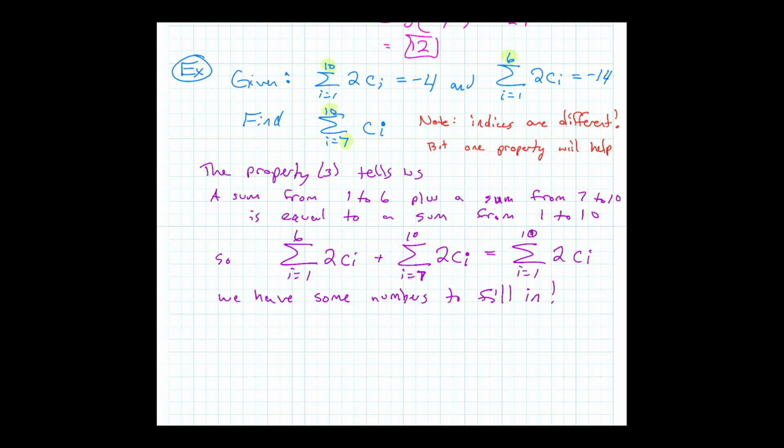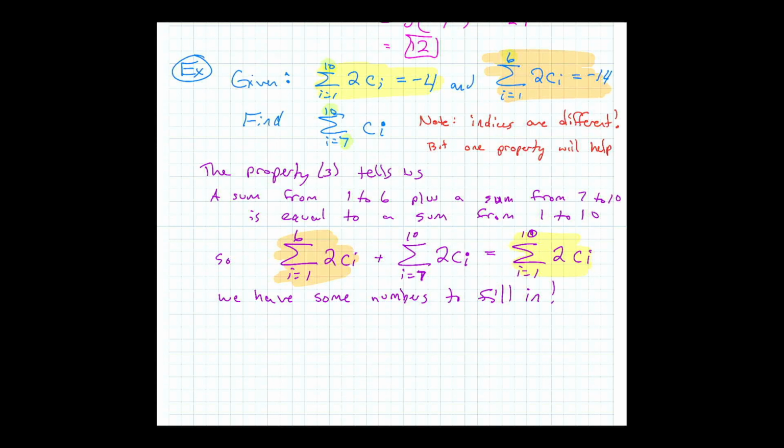What numbers do we have that we can fill in? Well, we've got this right here, 1 to 10, that's this one, I think. And then we've also got 1 to 6 here, which is this one. So we can fill in those numbers.